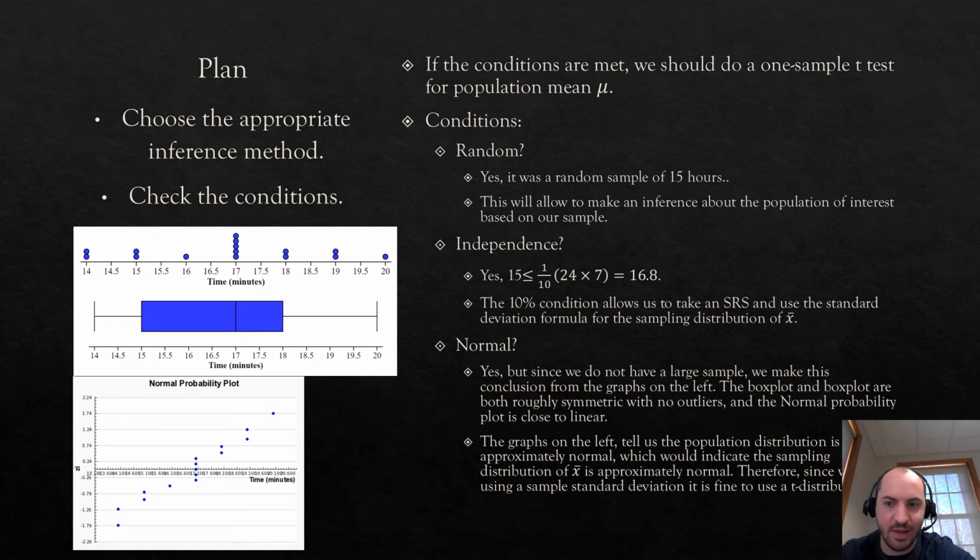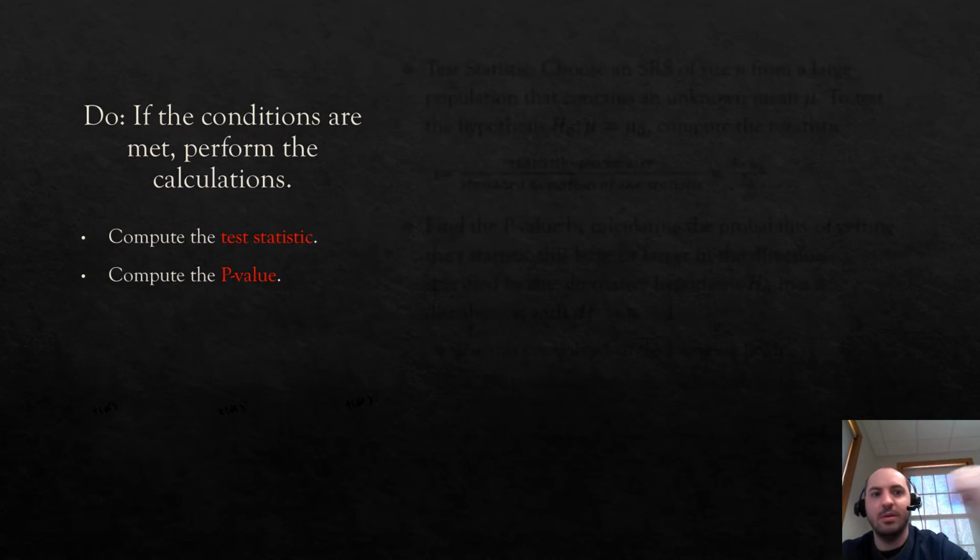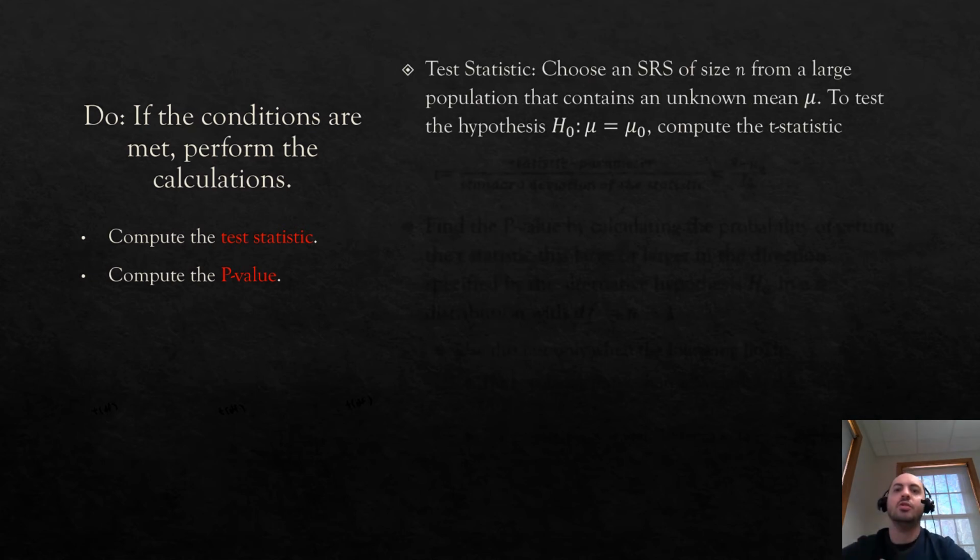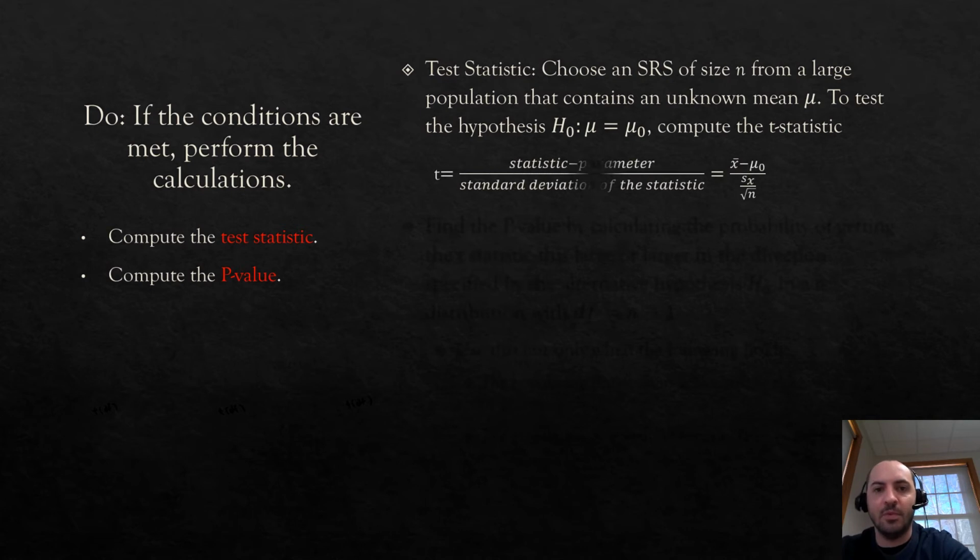Now we can go to our do phase. So we compute a t-statistic, or a test statistic. Sorry, I don't know why I keep calling it t-statistic. Choose a simple random sample of size n from a large population that contains an unknown mean mu, and then we're testing our hypothesis. Your t-statistic is going to be your statistic minus the parameter, divided by the standard deviation of the statistic.